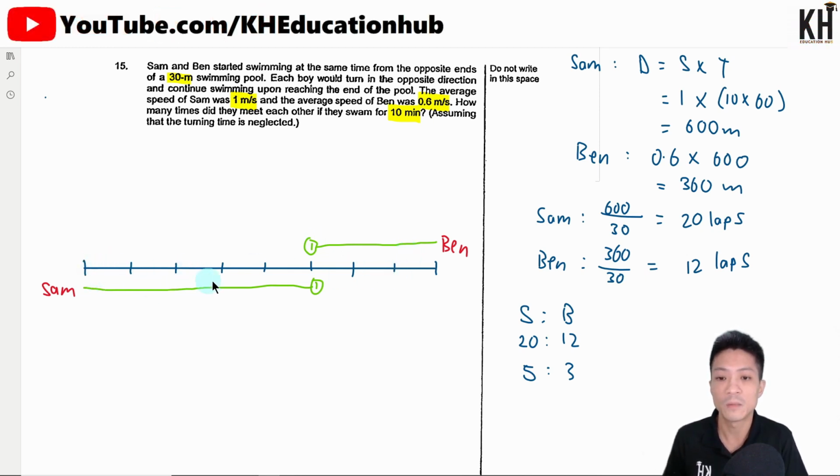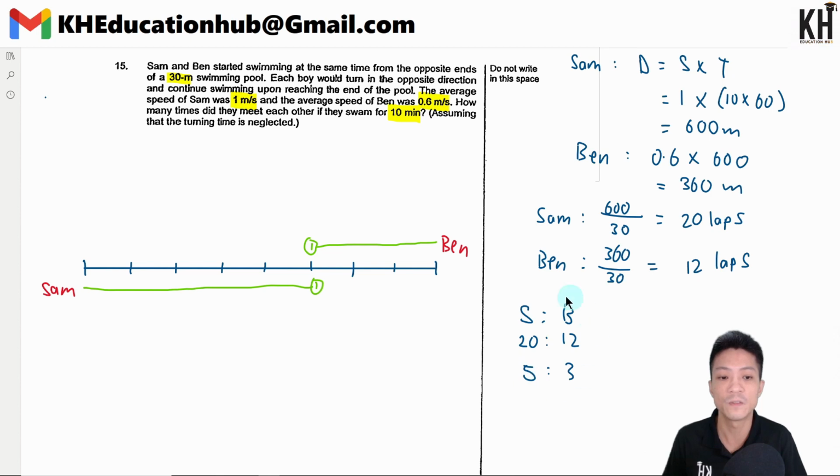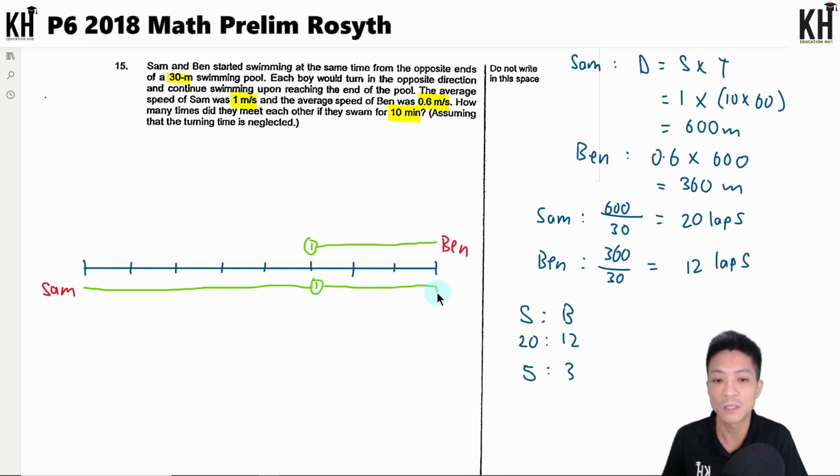Every 5 gaps that Sam moves, Ben will move 3 gaps. That's the whole idea of this ratio over here. So now I'm going to continue for Sam another 5. So 1, 2, 3, and he's going to make a turn. 4, 5, right? Ben will move another 3. So Ben will be 1, 2, 3.